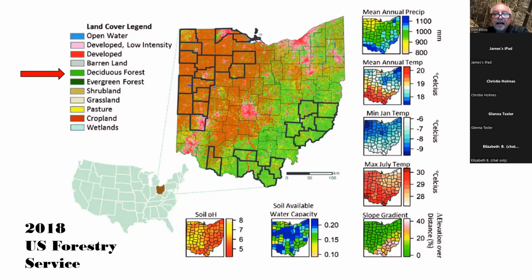There's a lot of land in the east, as you can see all this green, and even a little bit down here in the southwest corner, that farmers are no longer farming and are returning, as I've indicated here with the red arrow, to deciduous forest. The forests are coming back.